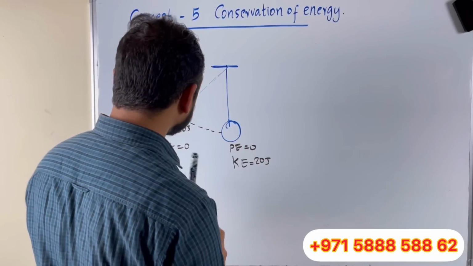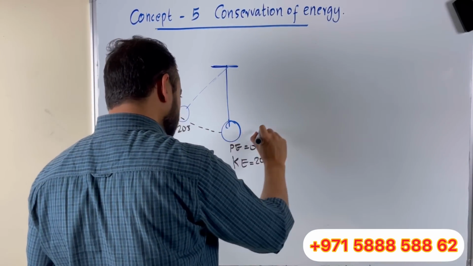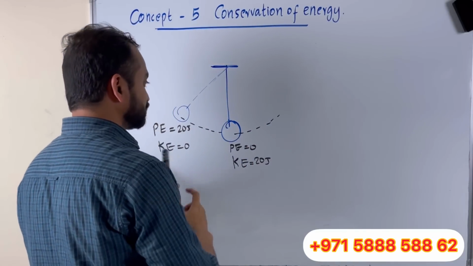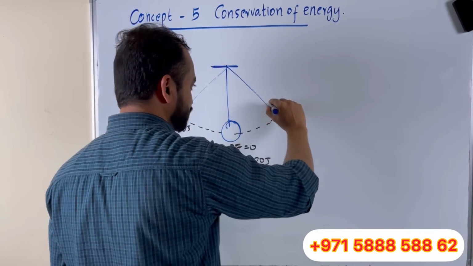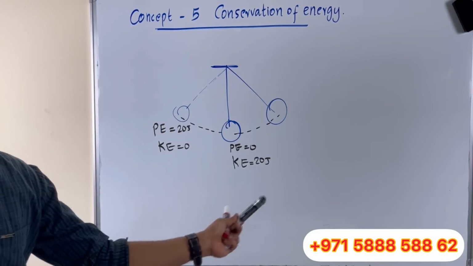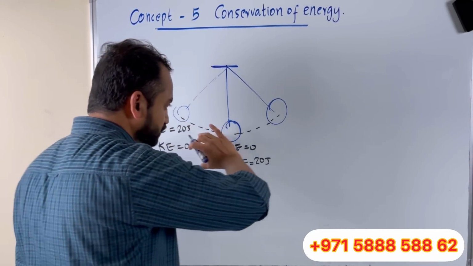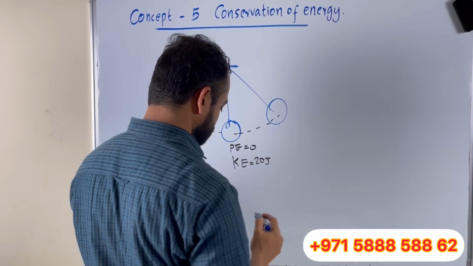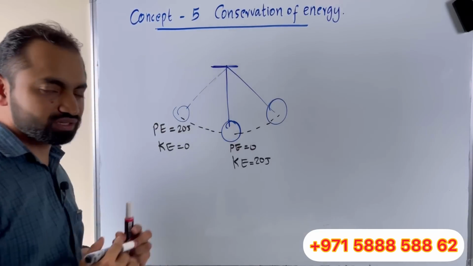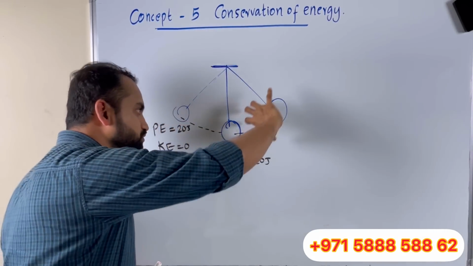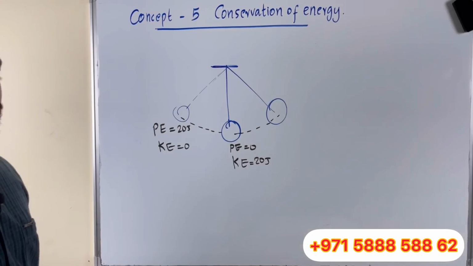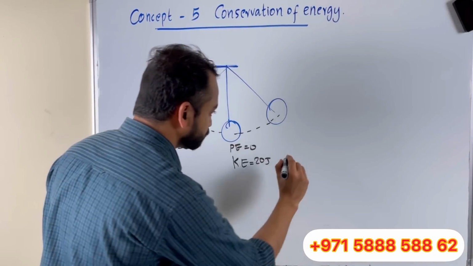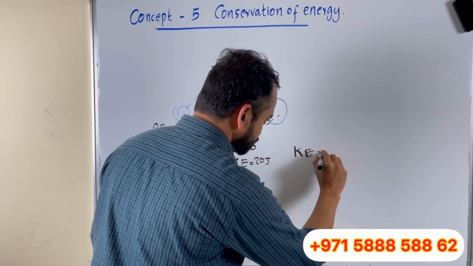Then again, the pendulum will not stop at the mean position. It will go to this side, and the pendulum will again reach its maximum displacement on the other side. When it goes high, you can see its speed decreases, so its kinetic energy decreases. At the maximum displacement, the pendulum will be stationary for a moment, and its kinetic energy is equal to 0.